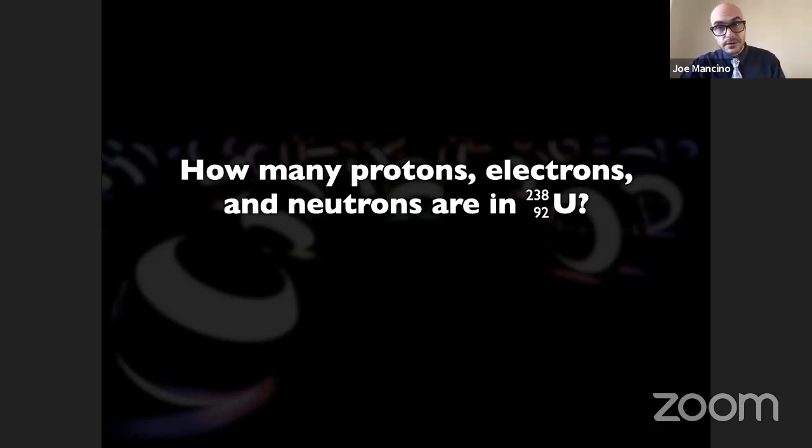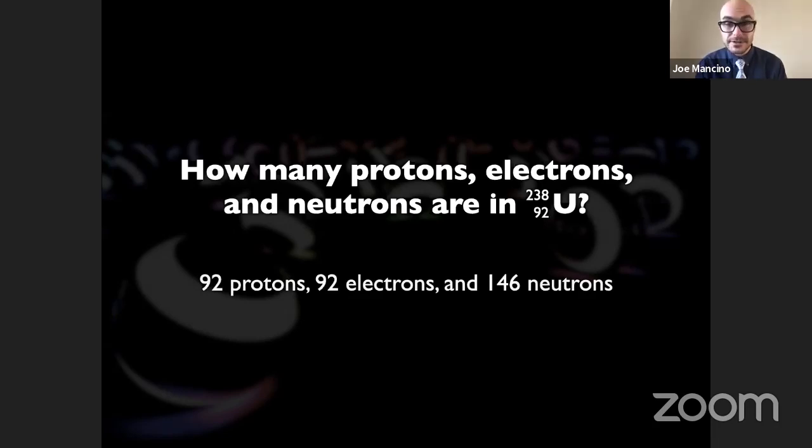That 92 means that there are 92 protons. If it's an electrically neutral atom, there are also 92 electrons. But then there's that 238 number. That's the total number of nucleons. So 238 nucleons, 92 of them are protons, and the other 146 are neutrons.